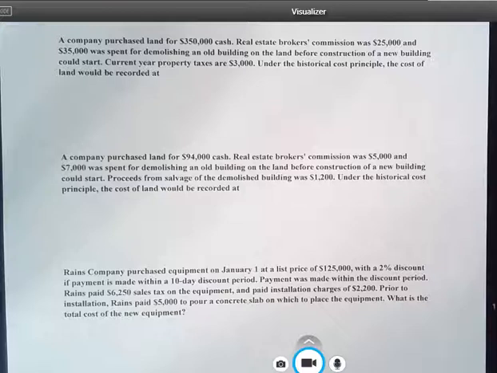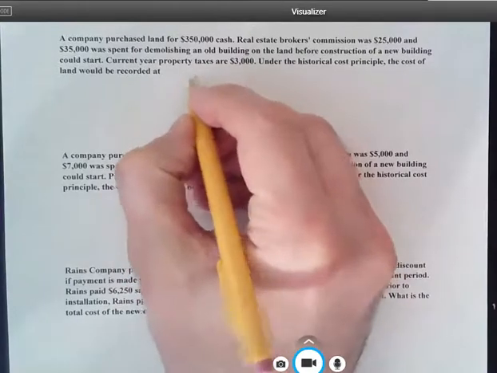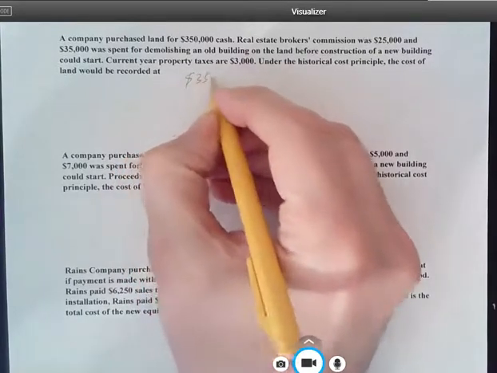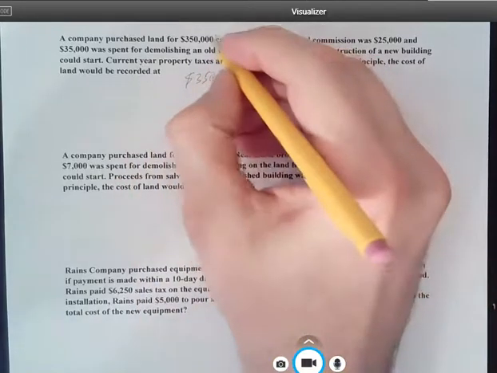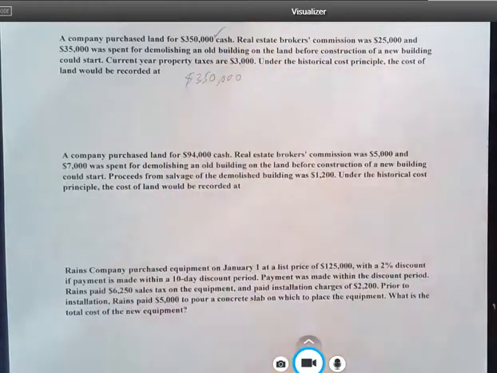Okay. So we're going to go through here and figure out which of these items we need and which ones we don't. Hopefully we know that our $350,000 purchase price is definitely a good cost. We're always going to include that in the cost.